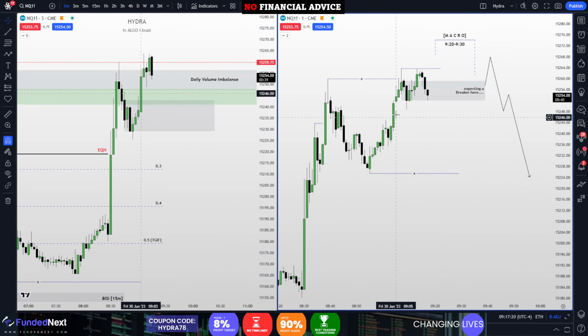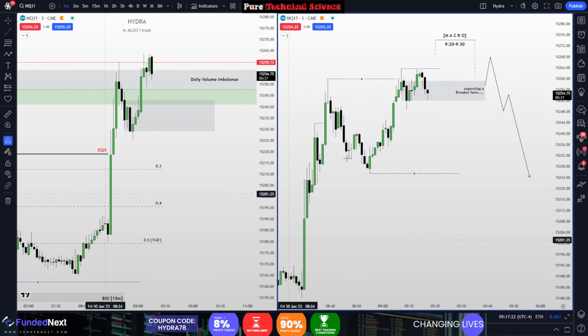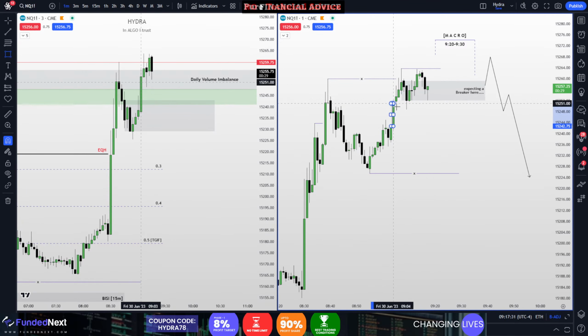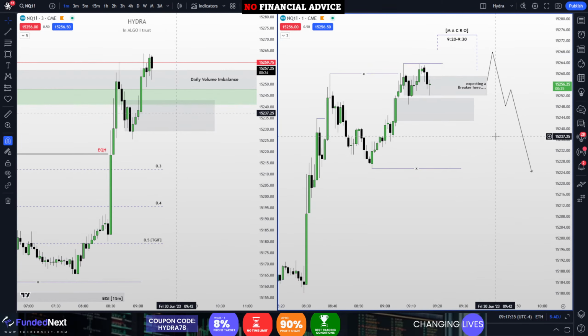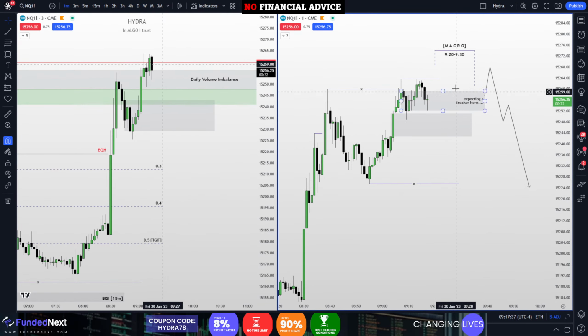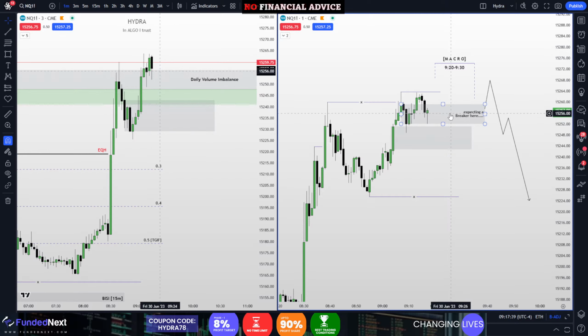But I think I can use this fair value gap to execute on. If there's no stop hunt, then I think I can execute from this fair value gap as an inversion. So there are two levels that I'm watching. This one, I want to see a stop hunt and then a return back below this down close candle.